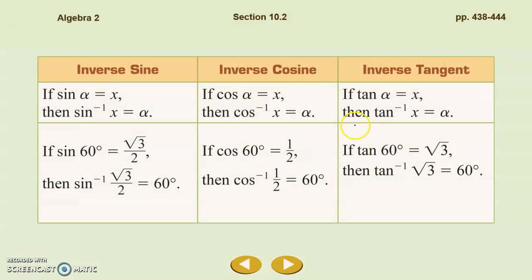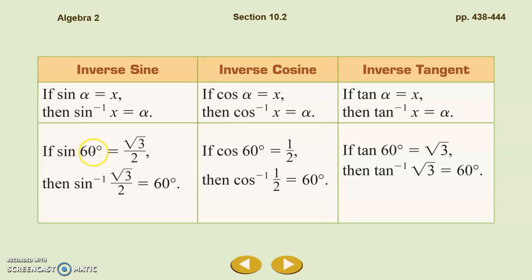We can do that for all 3 of our main trig ratios. If we know the sine ratio, we can use inverse sine to find the angle. If we know the cosine ratio, we can use inverse cosine to find the angle. And if we know the tangent ratio, we can use inverse tangent or arc tangent to find that angle.